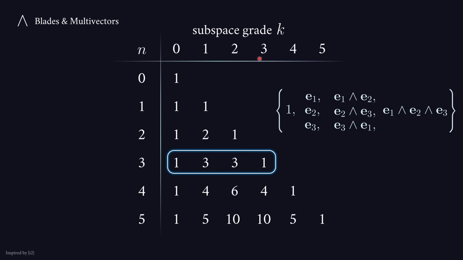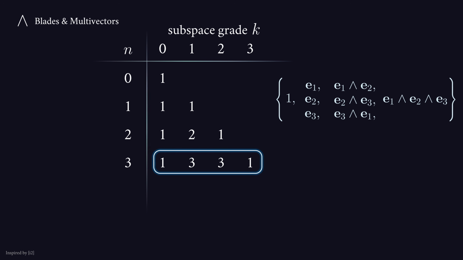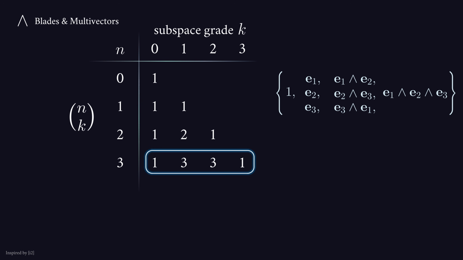With subspace grade 3, we also just found one element, namely the trivector E1 wedge E2 wedge E3. And in general, as you know, in the Pascal triangle, the elements are calculated as the binomial coefficients, so n choose k.